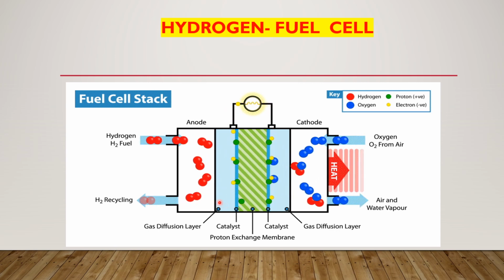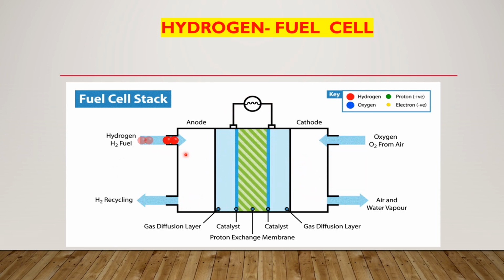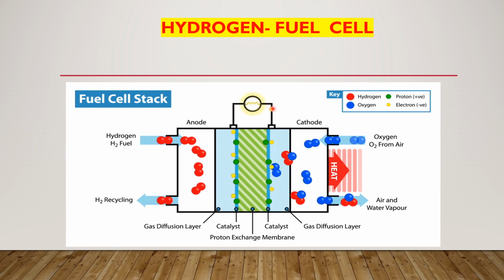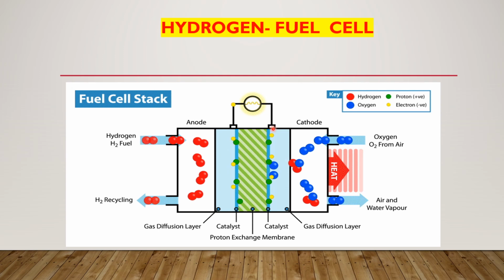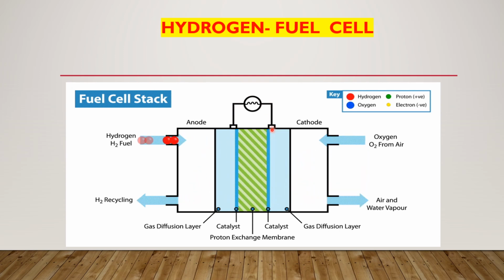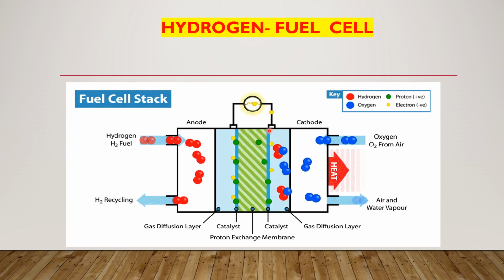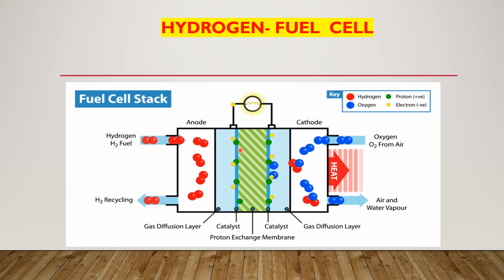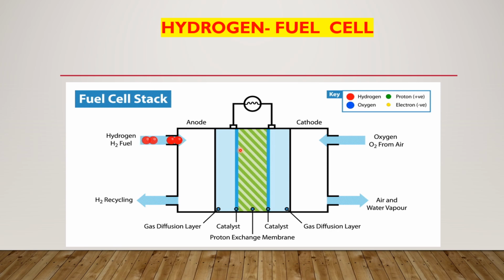So what is happening is hydrogen enters the anode and gives out an electron. You can see from red, yellow balls are ejected out. Those are the electrons. Now, this electron flow means current flow, as we all know. As the electrons move out, green balls are formed, that is, protons are formed from neutral hydrogen atoms.